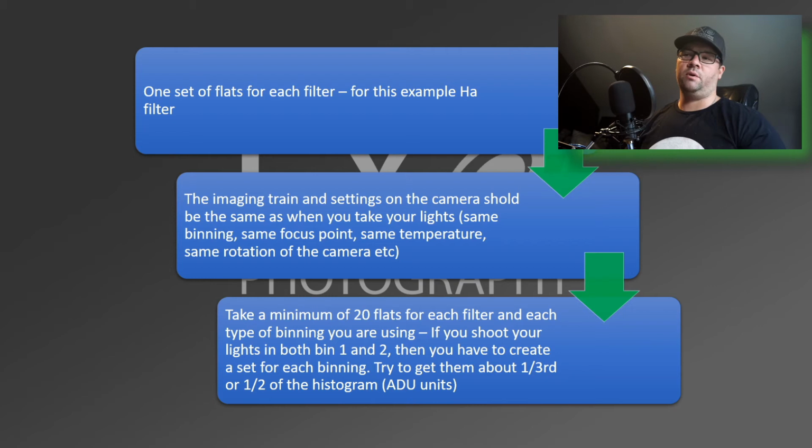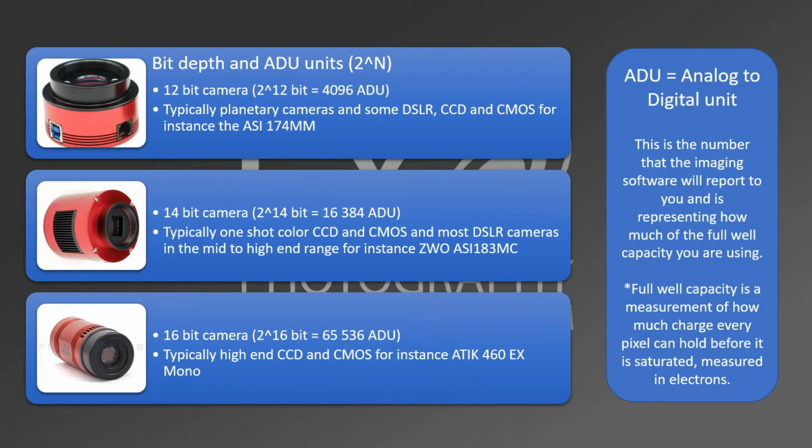Then you want to take a minimum of 15 to 20 flats for each filter and each type of binning, as I said. You also want to try to hit 1/3 or 1/2 of the histogram levels, or the ADU units, which I will explain closer in the next slide. So ADU stands for analog to digital unit.